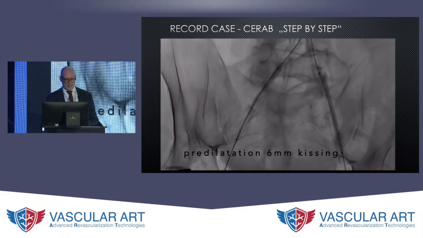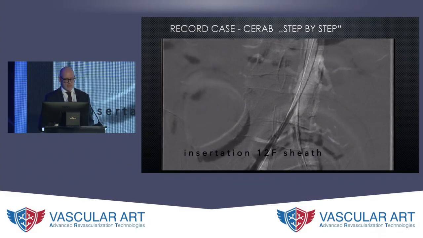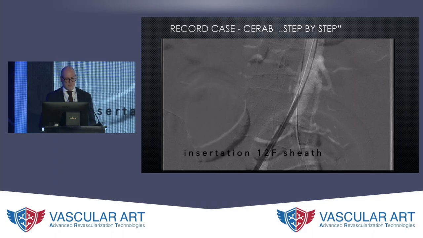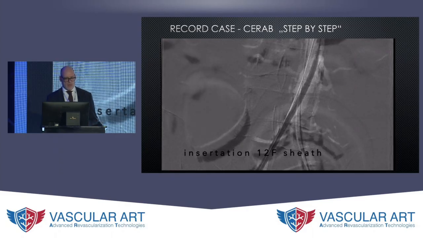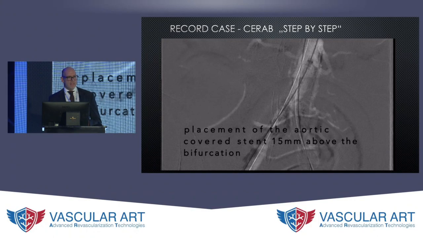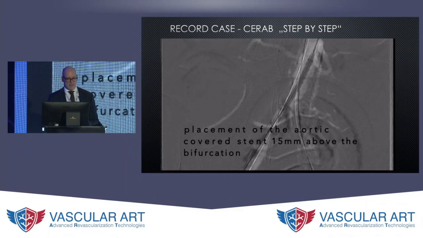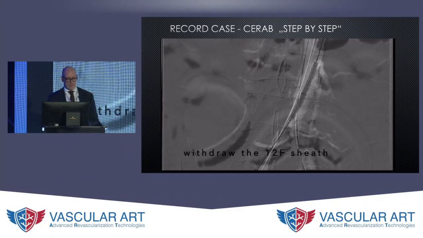After that, we place the sheaths from both sides, and there's a 12 French sheath for the aortic stent, go through the lesions. And this is one of the parts where we have to be careful. It is always recommended that the covered stents be sheath protected, going through the area of the lesions.